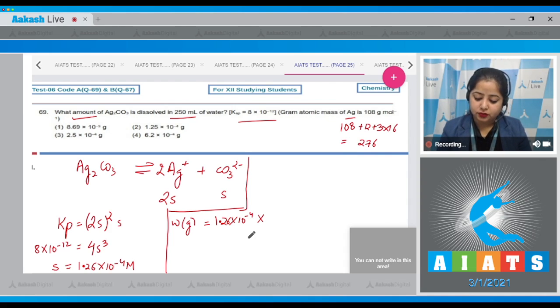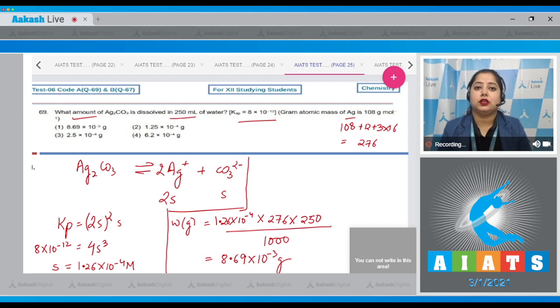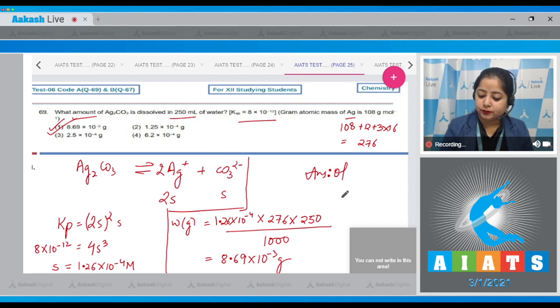That means 1.26 multiplied by 10 raised to the power minus 4 multiplied by 276 multiplied by 250, because the water is 250 ml, divided by 1000, which is equals to 8.69 into 10 raised to the power minus 3 gram. That means the correct answer is option number 1.